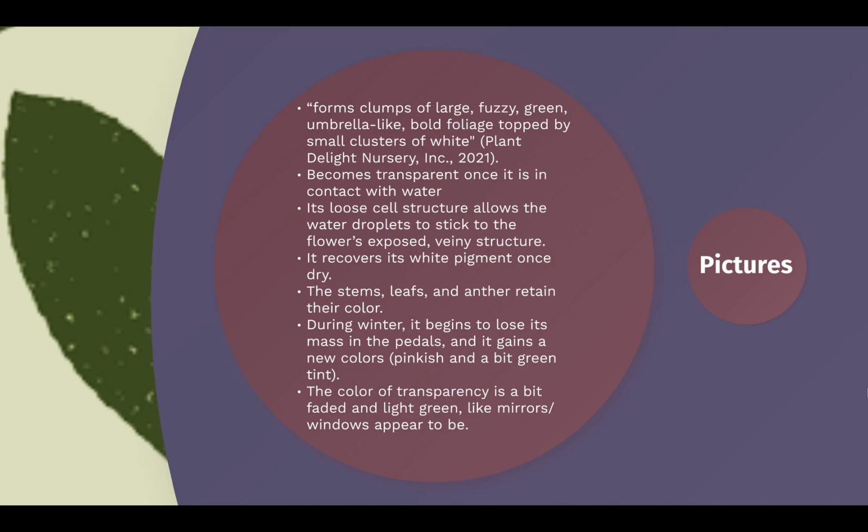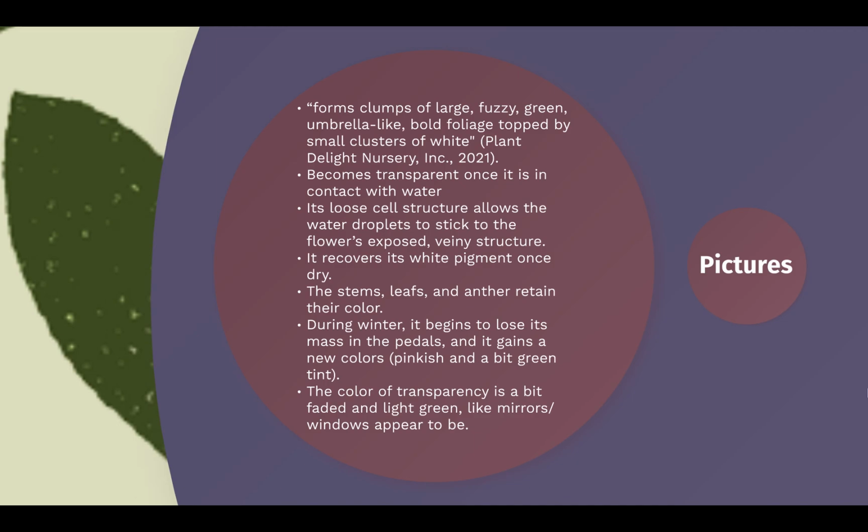And this flower has the ability to become transparent once it is in contact with water. It's able to do this by its loose cell structure that allows the water droplets to stick to the flower's exposed veiny structure. But once this flower has become dry again, it recovers its white pigment, and the stems, leaves, and the anther retain their same color, so they remain unchanged.